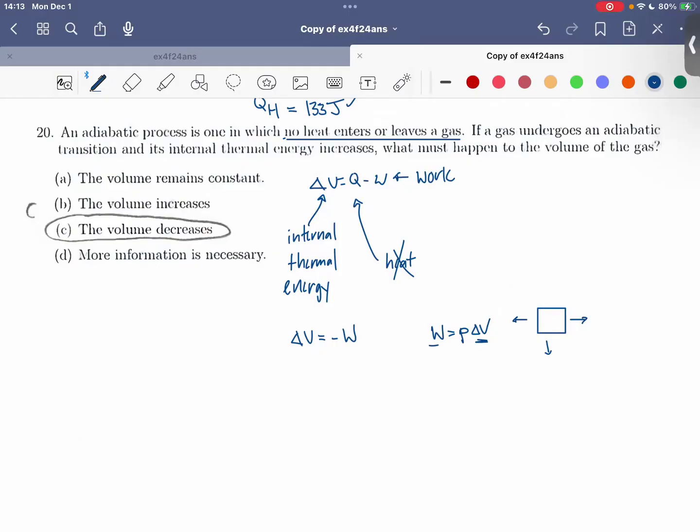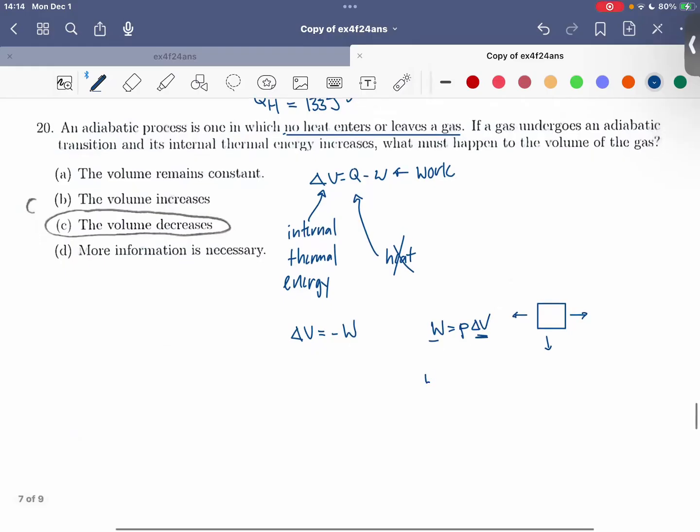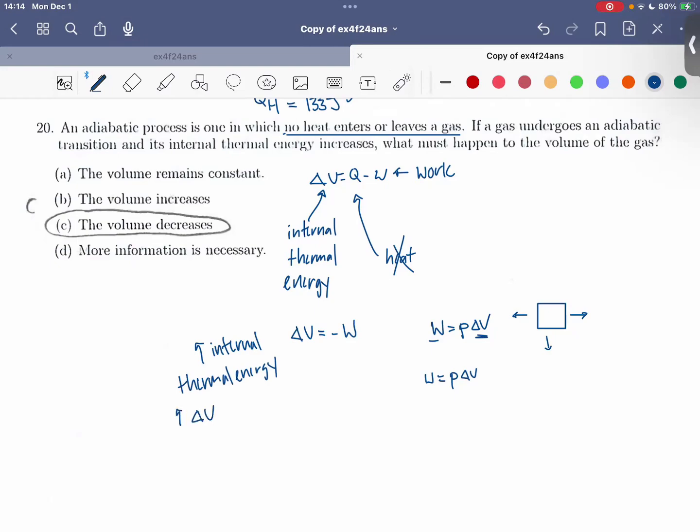And so when we take this and we have increasing internal thermal energy, that means our delta U is also increasing, or our delta U is positive, right?